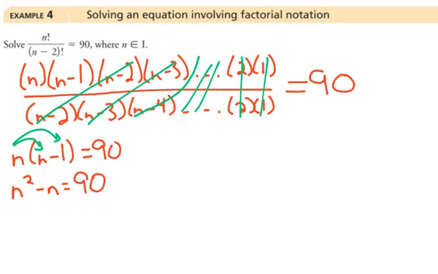Now this is turned into a quadratic equation because of the n squared, and to solve a quadratic equation we need to have one side equaling 0, so we'll need to move that 90 to the left, subtract it, n squared minus n minus 90 equals 0.